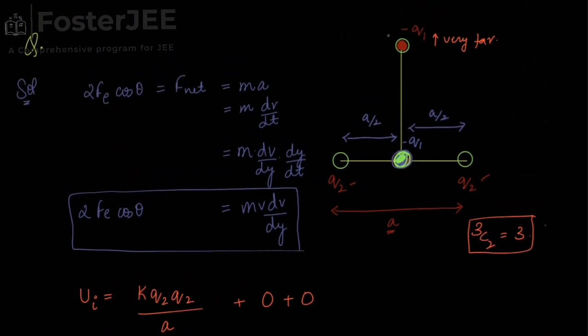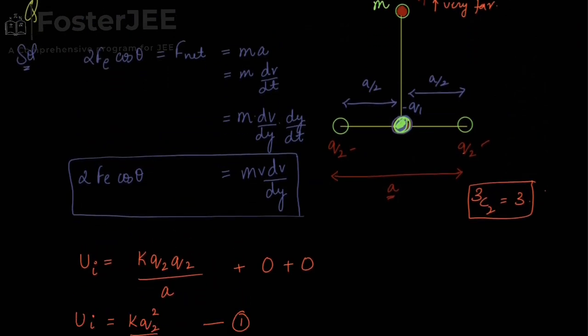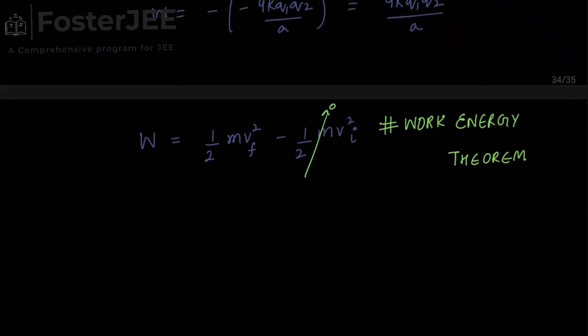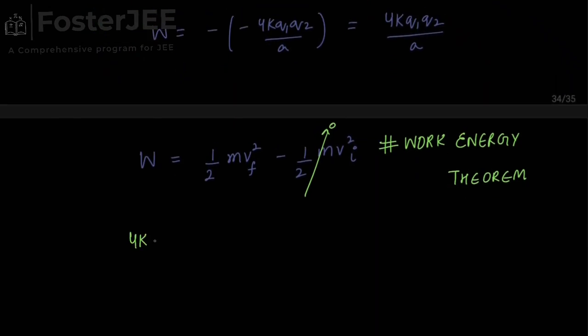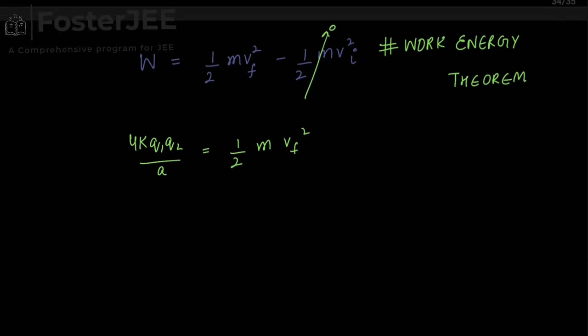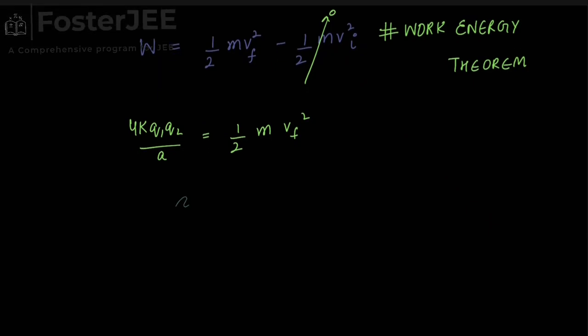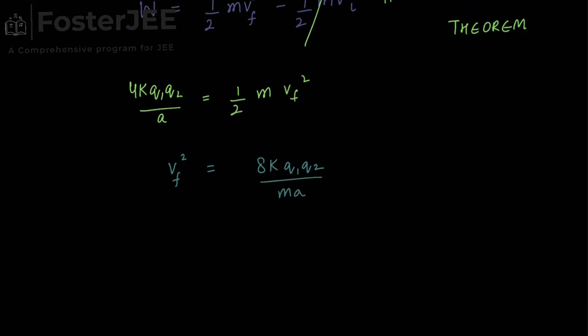Now let us suppose this has mass m. So our equation becomes 4K q1 q2 upon a is equal to half m v final square. So v final square will be 8K q1 q2 upon ma, and hence v final becomes root over 8K q1 q2 upon ma.